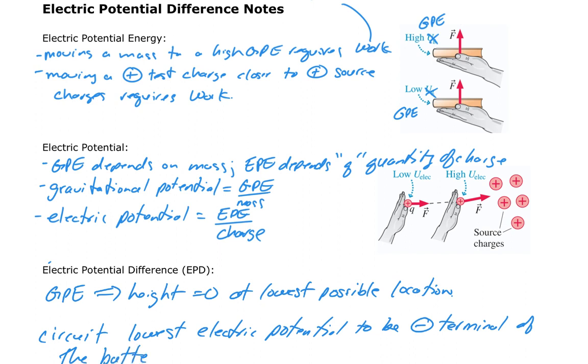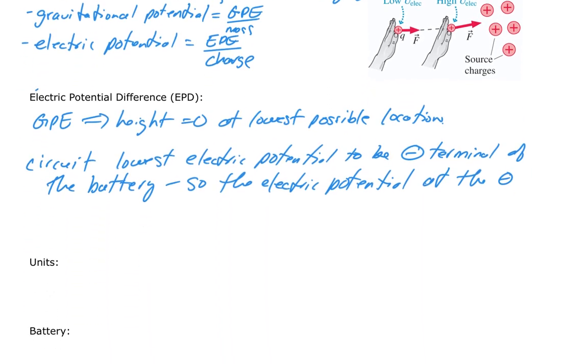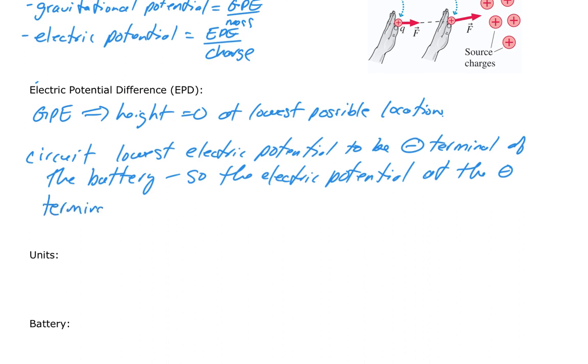We're saying that the electric potential at the negative terminal equals 0. So in our circuit, when we're looking at electric potential, we're looking at an electric potential difference across a component. We're subtracting the value, and we're going to look at some drawings in a little bit that will make that more clear.